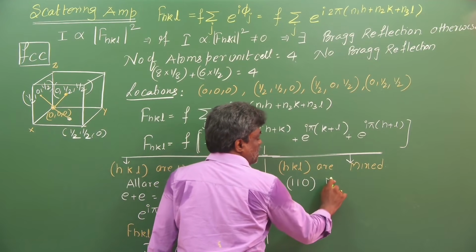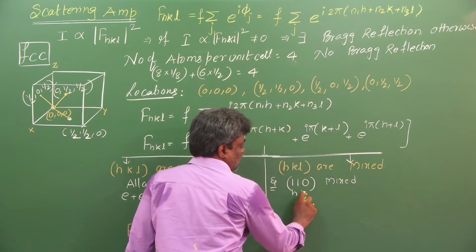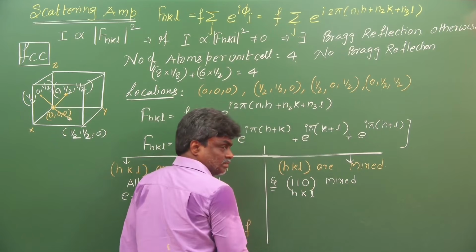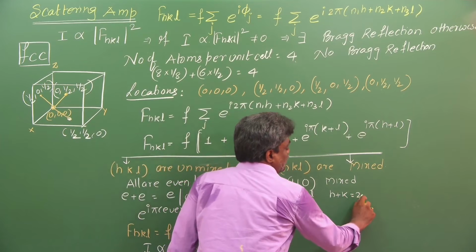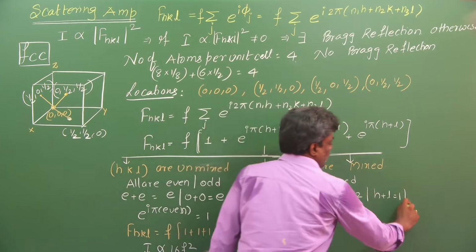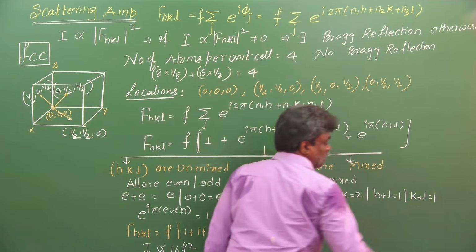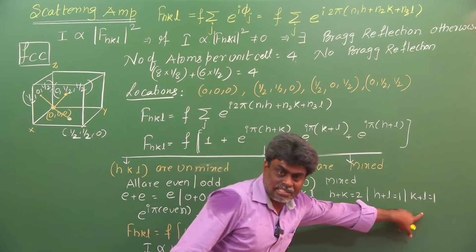Here all are mixed or not? Yes. That means your h is 1, k is 1, l is 0. That's why, if you see carefully, h plus k equals 2, h plus l equals 1, k plus l equals 1. So this is even, this is odd, and this is also odd.